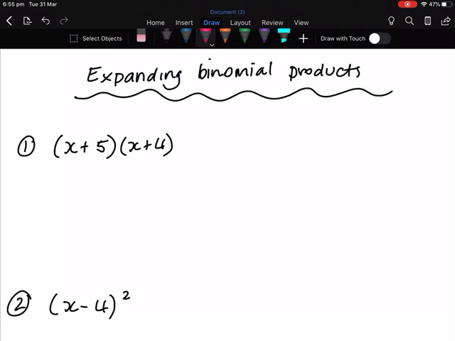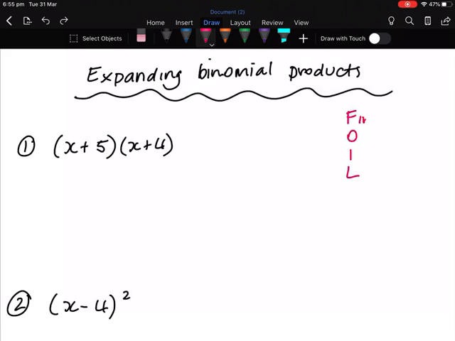We have a little acronym that helps us to make sure that we multiply all the terms by each other. So I have to multiply this x by this x and this 4, and then I have to multiply the 5 by the x and the 4. To make sure we do them, we follow this little acronym of FOIL.